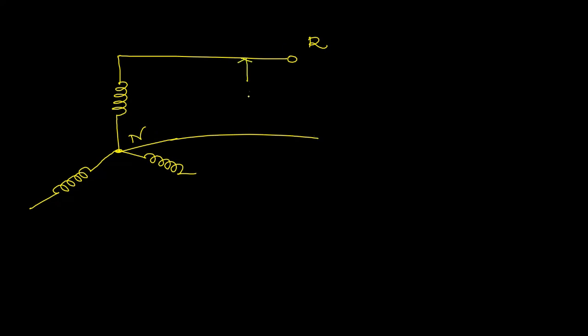The voltage between the phase and the neutral is now 230 volts. So this is the procedure we use to convert from 400 volts 3-phase voltage to 230 volts single phase voltage with the help of the 3-phase star connection, considering only one phase and one neutral.